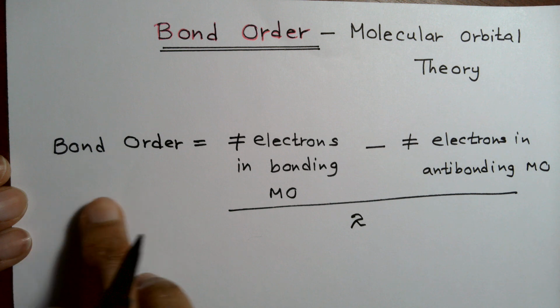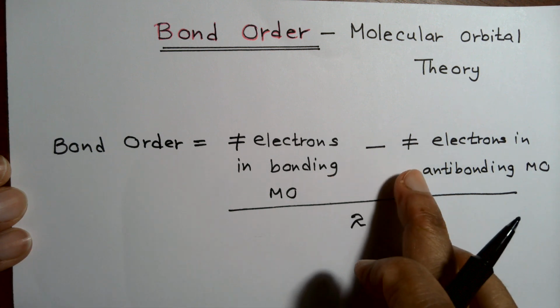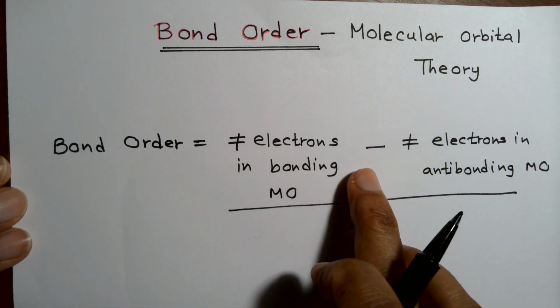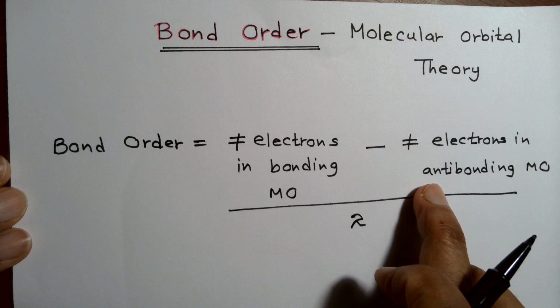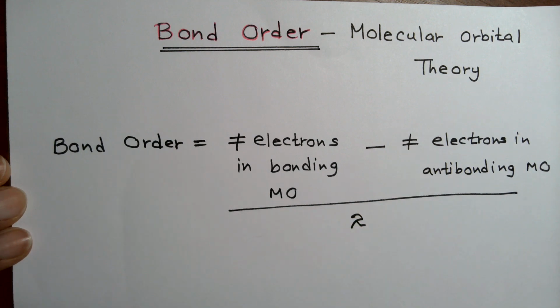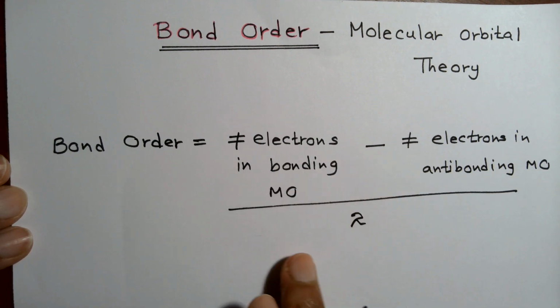We call this the bond order. So if you get the difference between electrons in bonding minus electrons in anti-bonding molecular orbitals and divide by 2, we call that the bond order. So using this formula we can calculate bond order easily.